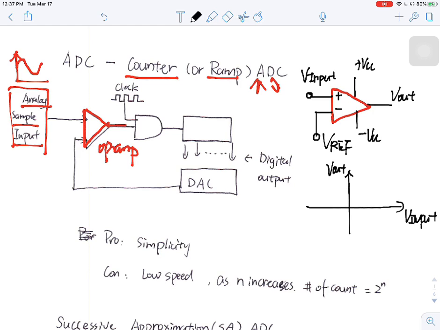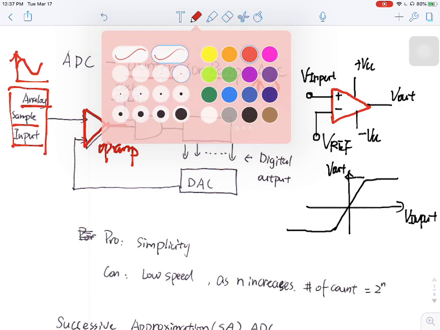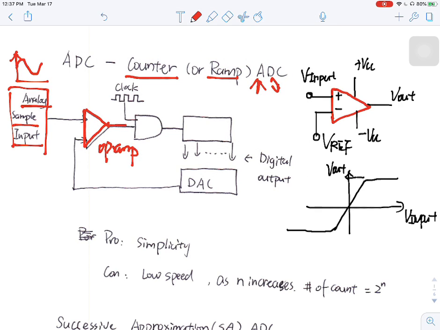The output voltage will look like this. So the maximum output here is plus VCC, and on the negative end, this maximum negative voltage output is negative VCC.